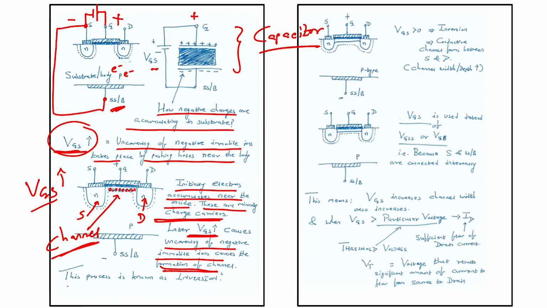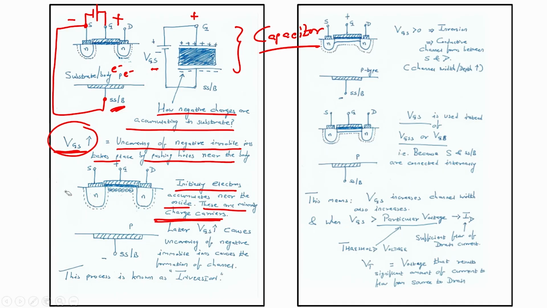When this channel is formed on increasing VGS, this process is called inversion, right. We have all studied this. This process is called inversion, got it, easy, okay.